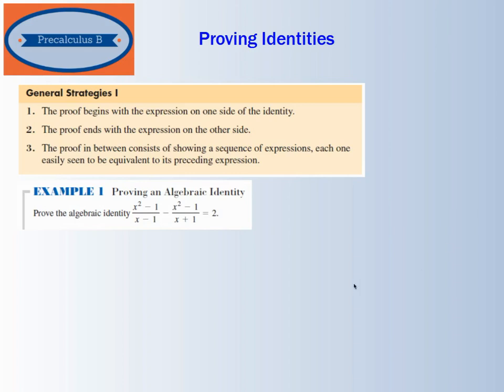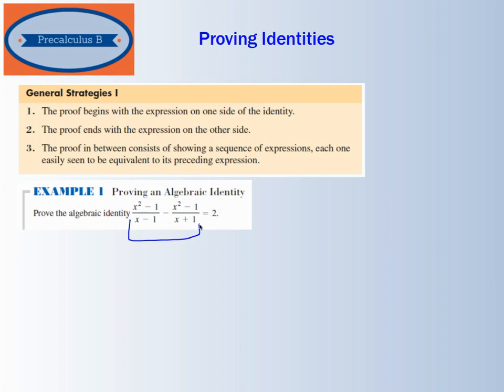For example, if I was asked to prove the algebraic identity of x squared minus 1 divided by x minus 1 minus x squared minus 1 divided by x plus 1 equals 2, I would start with the left-hand side. This would be my starting point right here.